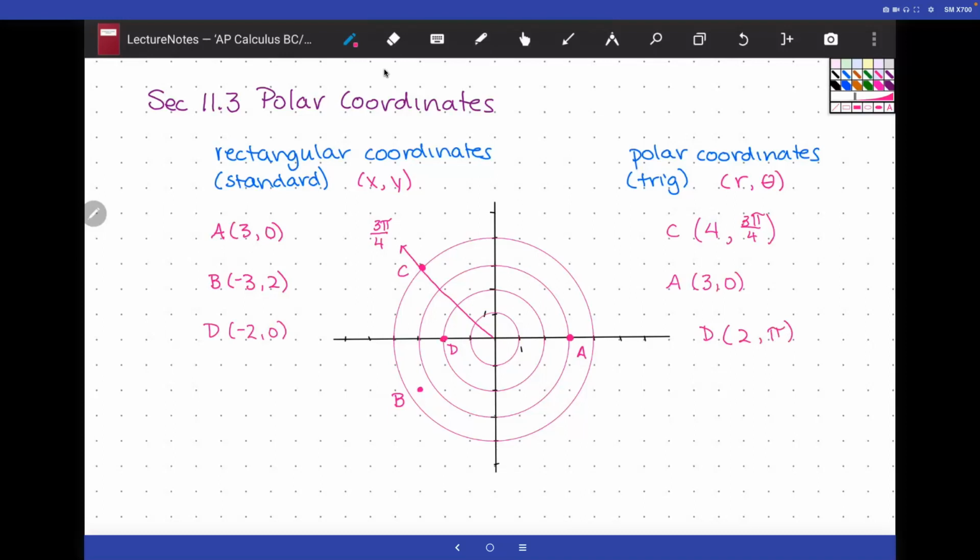Now, with rectangular coordinates, there is only one correct answer. Polar coordinates, not so much. Yeah. R can be more than just one, right? That makes sense. You mean like when you're drawing it?